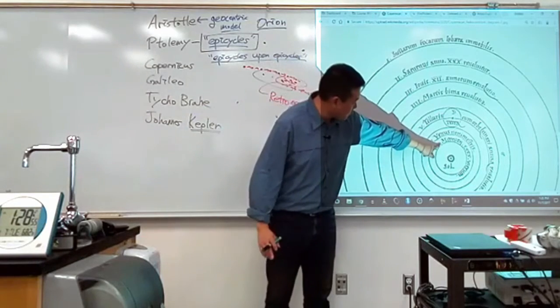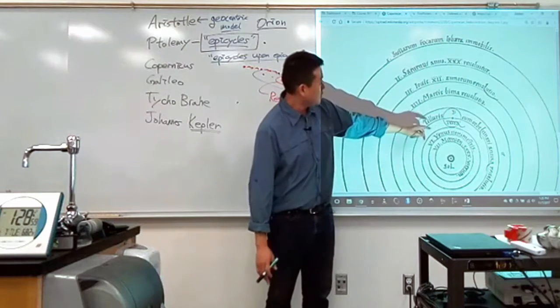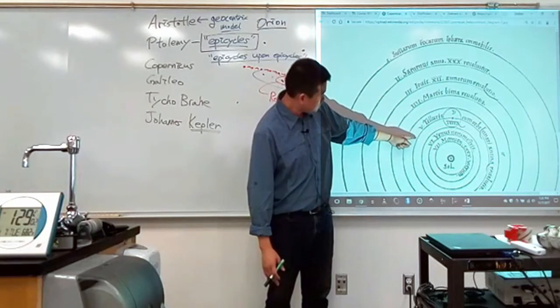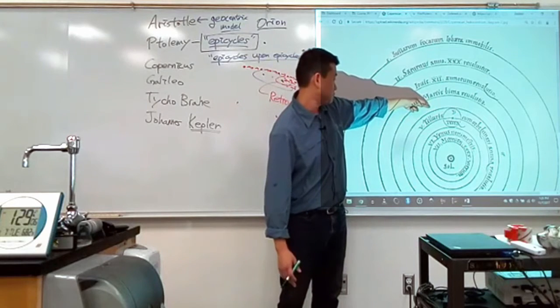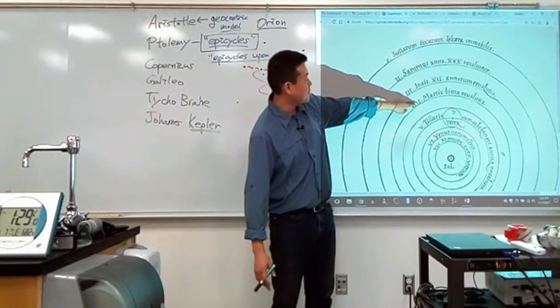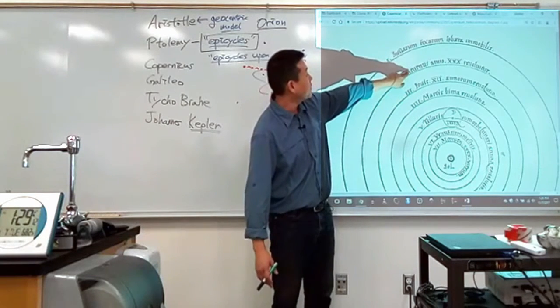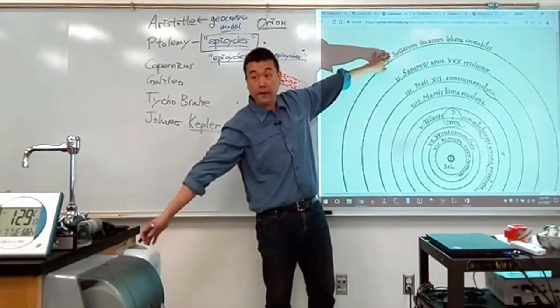And here's Mercury, Venus, Earth on the third circle. Wait, what's on the fourth circle? I have no idea. Well, here is Mars, Jupiter, Saturn. Here are the stars that are way out far away.